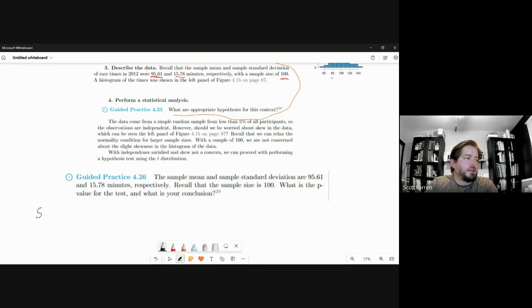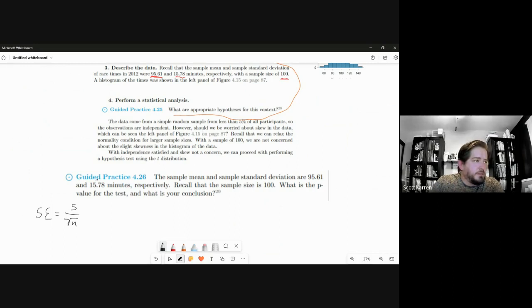So my standard error is, not sigma, but s divided by the square root of n. I lost those numbers. It's, oh, that's it.